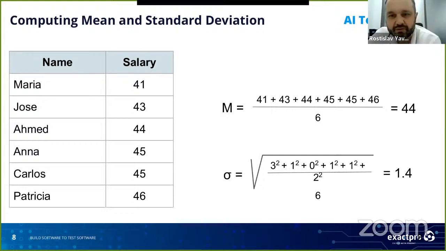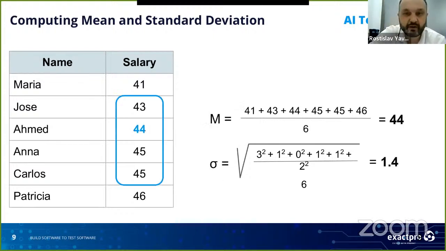The formula is quite simple. You compute the sum and divide it by 6. You see that the mean salary is 44 and the deviation is 1.4, which makes perfect sense. Ahmed is the one who gets exactly this salary. Some people, Jose, Anna, and Carlos, earn a little bit more or a little bit less, and the deviation is exactly 1.4.